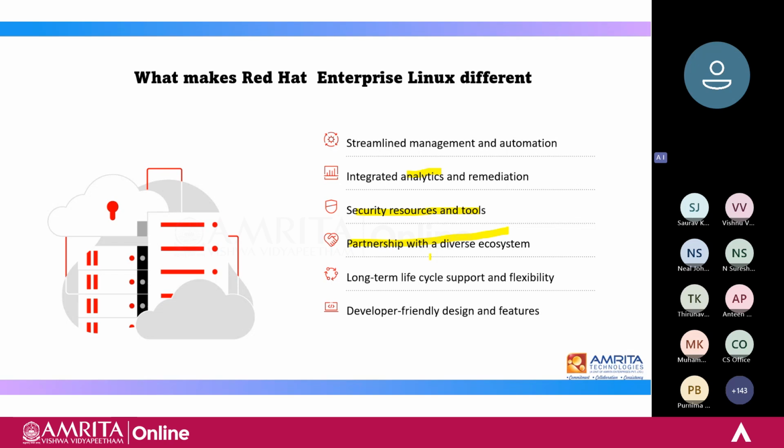As I told you, you get a long-term life cycle, which is 10 years of support for Red Hat products, and developer-friendly design and features. It all depends upon how comfortable the operating system is, so that you can use it, modify it, and optimize it based on your requirements. That flexibility you get from Red Hat.